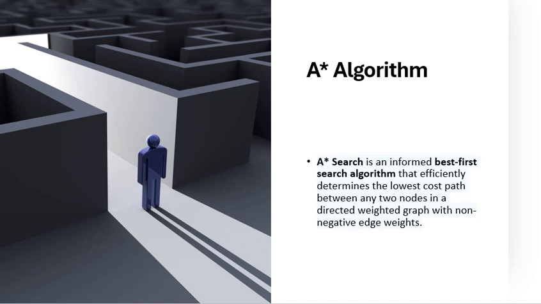But in this video, we are going to talk about how to implement this A-star algorithm through an elaborate example. So first, we will try to understand how this algorithm works. This algorithm works using a simple technique, and this technique follows an evaluation function.